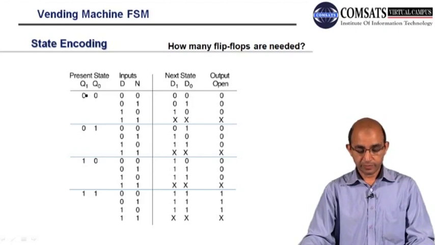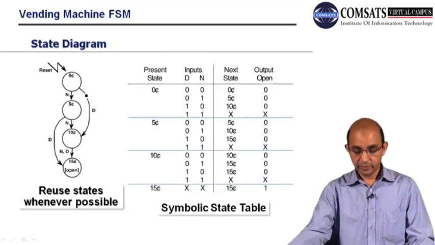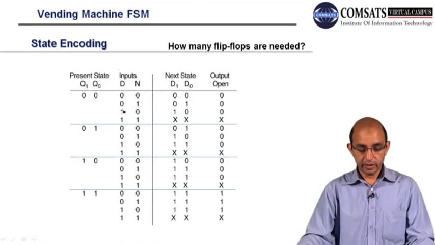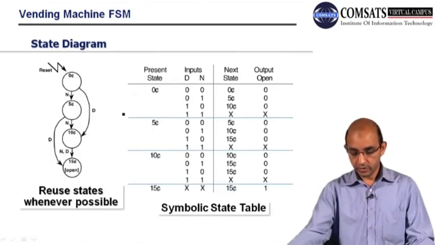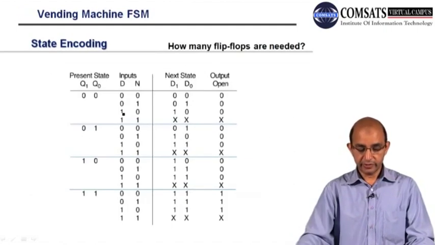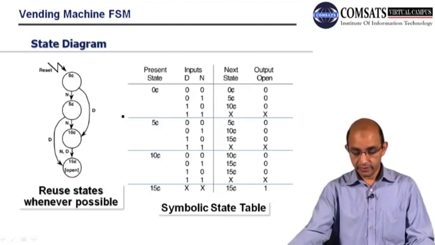If I go back, I have mentioned 0 cents as 0 0, 5 cents as 0 1, 10 cents as 1 0, and 15 cents as 1 1. And we all know that D is 10 cents and N is 5 cents. So this is already set.